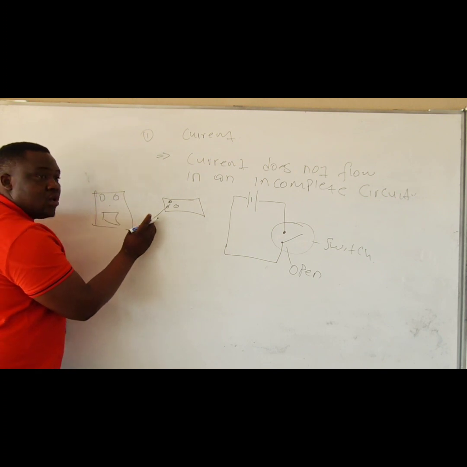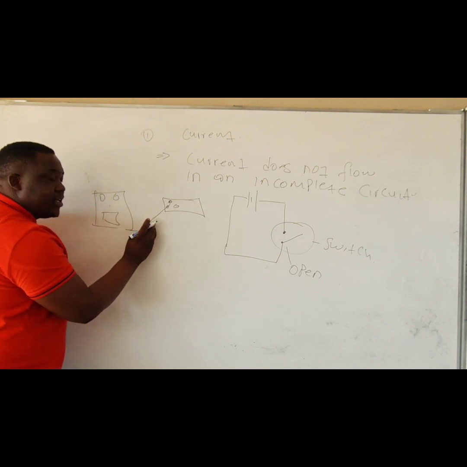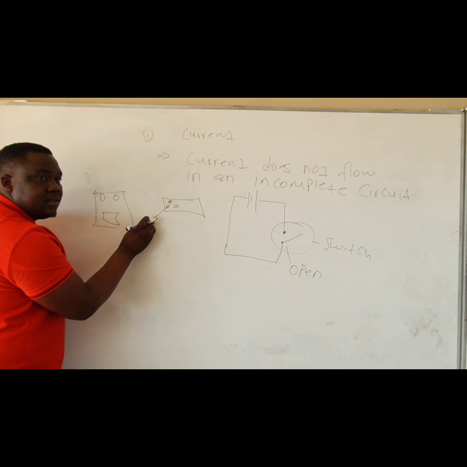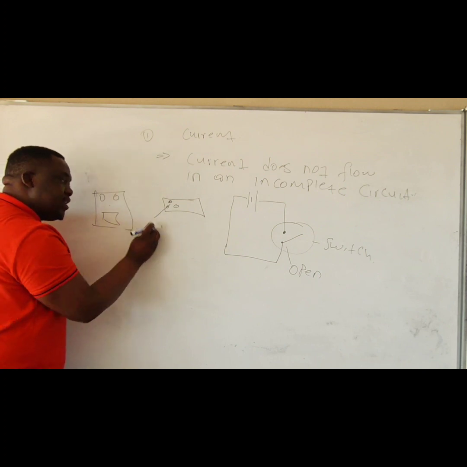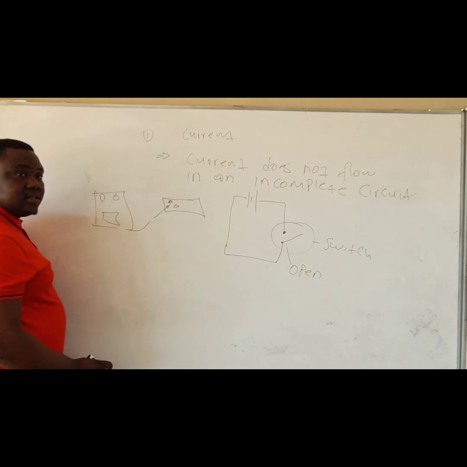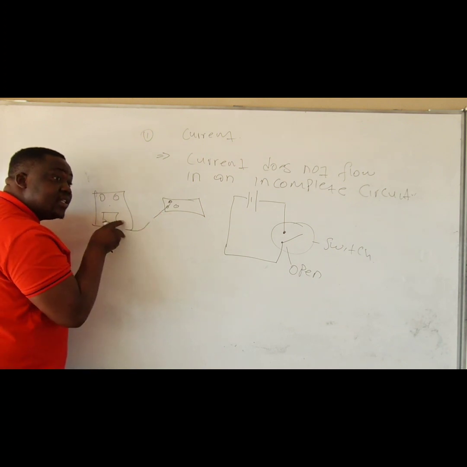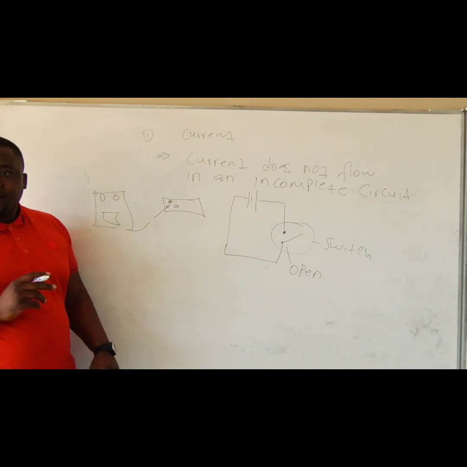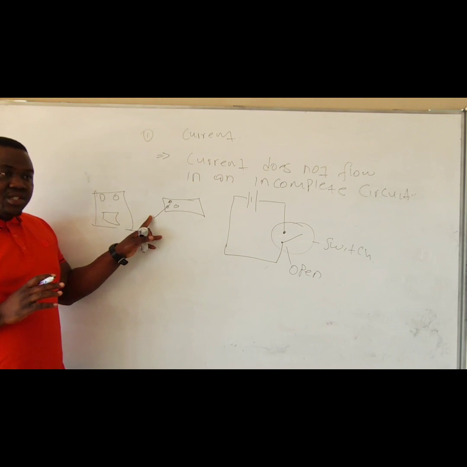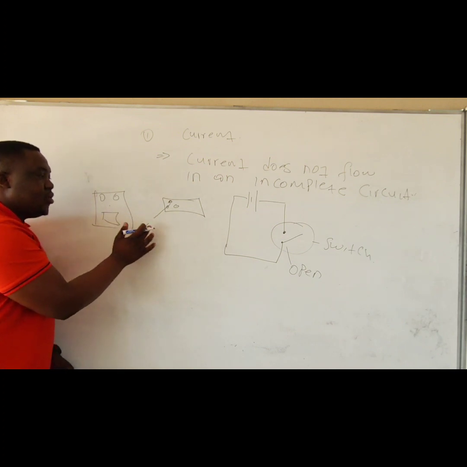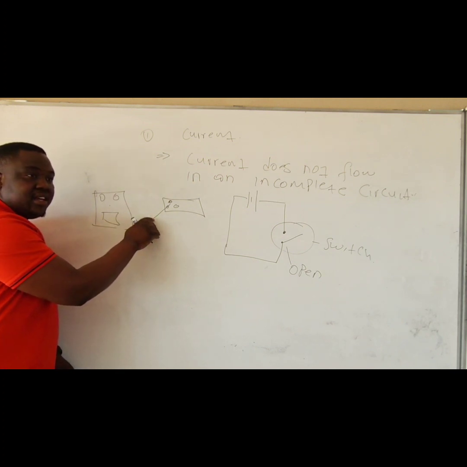If ever this cord is cut like this, current is not going to move from this side to this side, right? Because it is cut, right? And that is obvious because you will even say that the current will just be on this side, right?